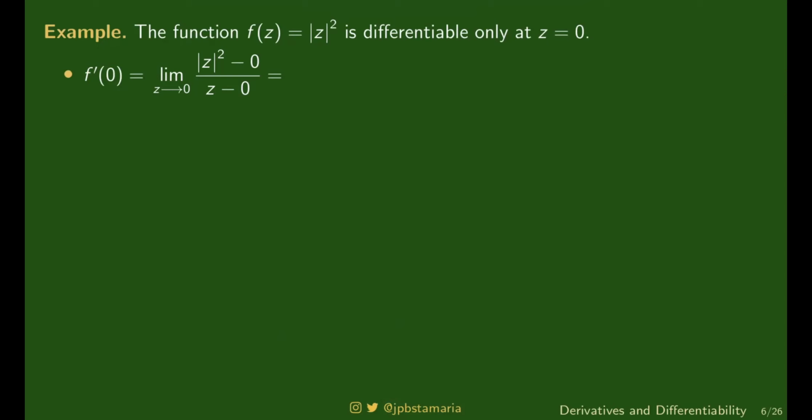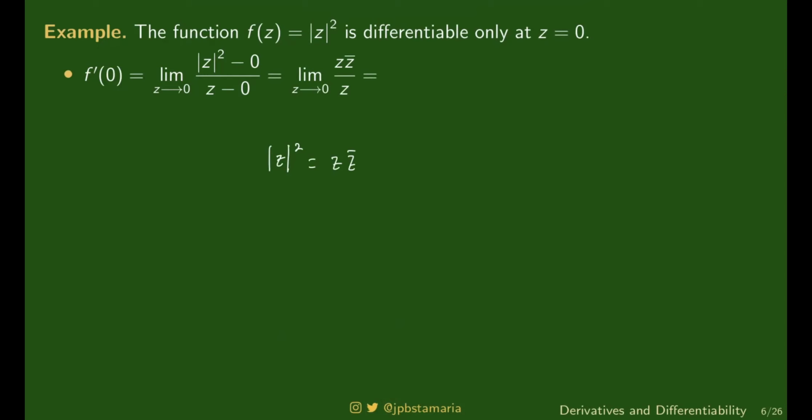Ayun yung absolute z squared minus 0 divided by z minus 0. Now, ano yung limit nito? Kasi yung naalala nyo, yung absolute z squared ay parehas sa zz bar sa complex plane. Diba? Identity natin yan before. So, pinalitan ko yung absolute z squared ng zz bar. Why did I do that?